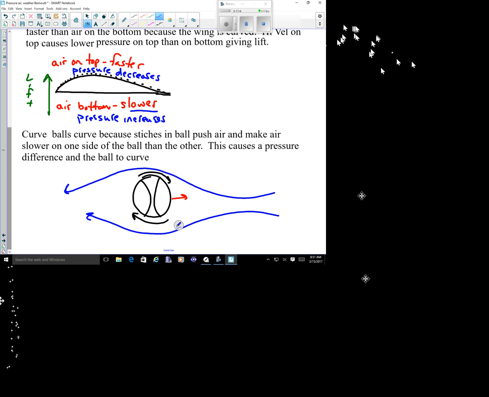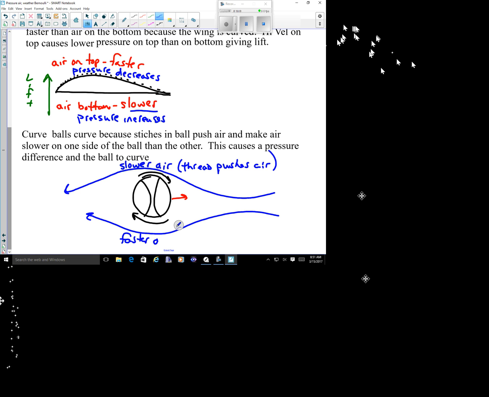So you have slower air on top because the threads are pushing that air back. Okay? Well, on the bottom, the threads are pushing the air forward. So here you have faster air.